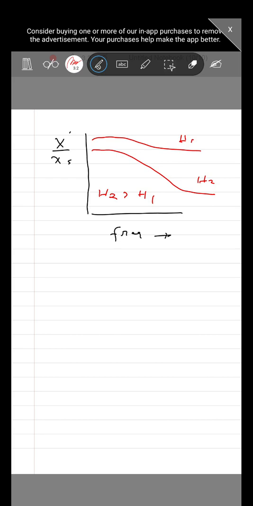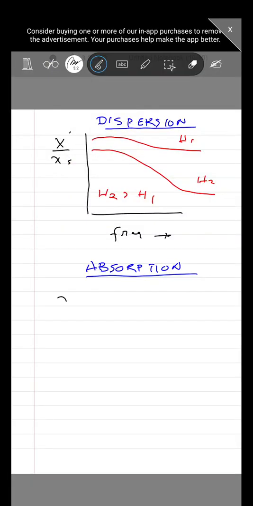And as we have said, this is the dispersion relation. This shows the dispersion, the high frequency susceptibility, and the low frequency susceptibility is associated with absorption. So if we take the ratio between the low frequency susceptibility and the static susceptibility with respect to frequency, this is the absorption, the energy absorption.